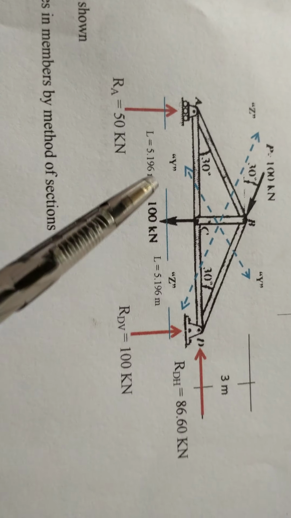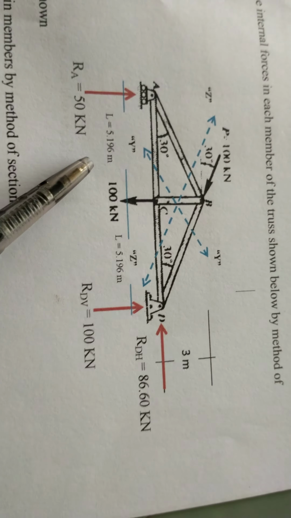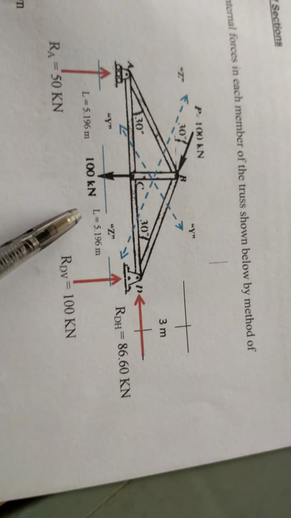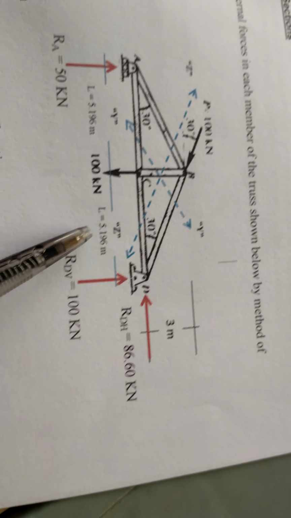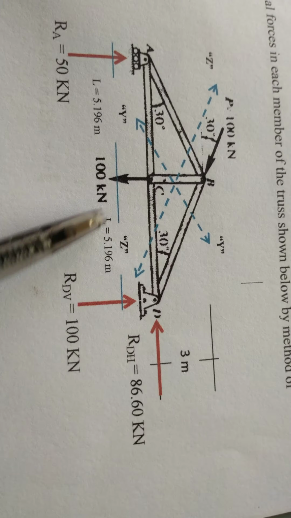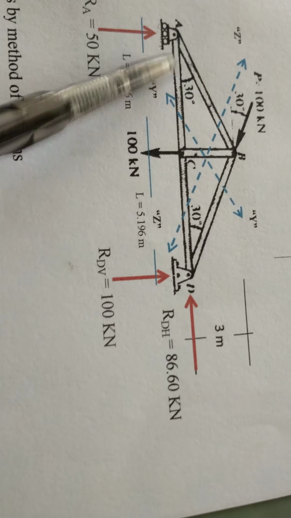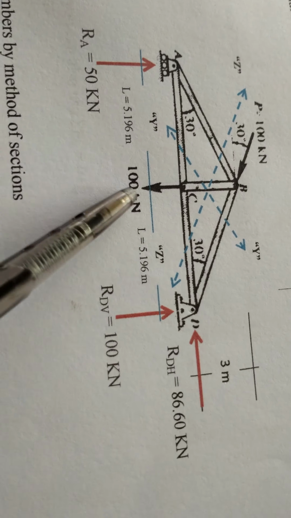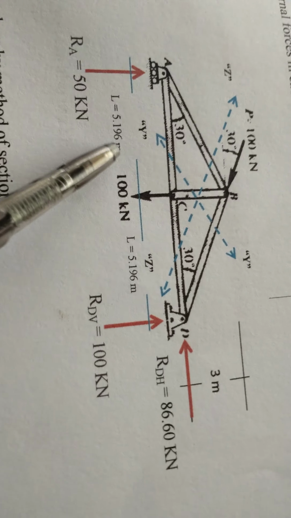As I've said, class, we try to simplify things out of problems, or we find whatever is necessary in solving a problem. With this problem, you need to know L, because if you are going to analyze structures by section, you need moment arms.